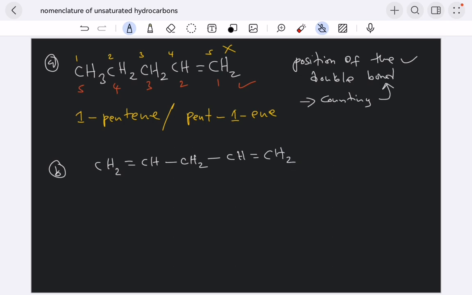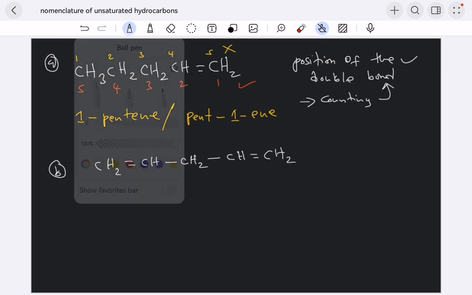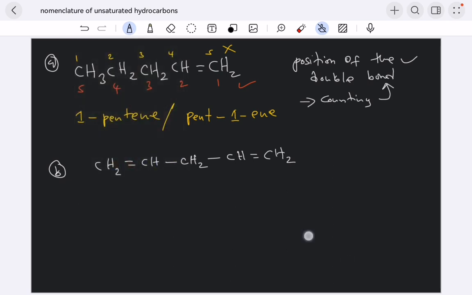So when we look at this particular compound, we have 2 double bonds. So if we start counting from the right as 1, 2, 3, 4, 5, here, when we do the locant, we have a double bond at carbon 1 and we have another double bond at carbon 4.